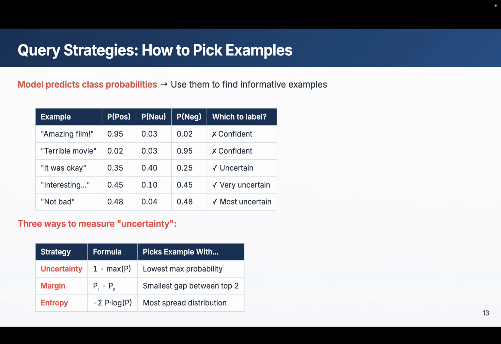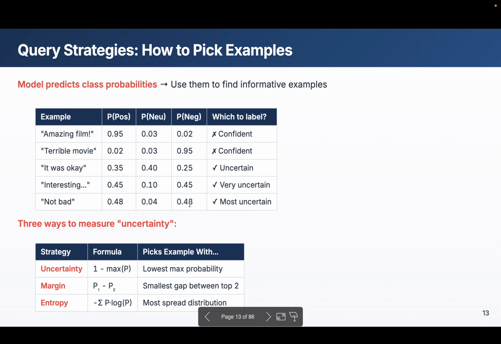If we look at these examples, we are looking at classification of the sentiment of movies: positive, neutral or negative. If we look at the first one, amazing film, largely positive, probably no need to label, should be very trivial. It is the other ones that are interesting, which has a positive probability of 0.45, negative of 0.45 and neutral of 0.1, and not bad, 0.48, 0.04, 0.48.